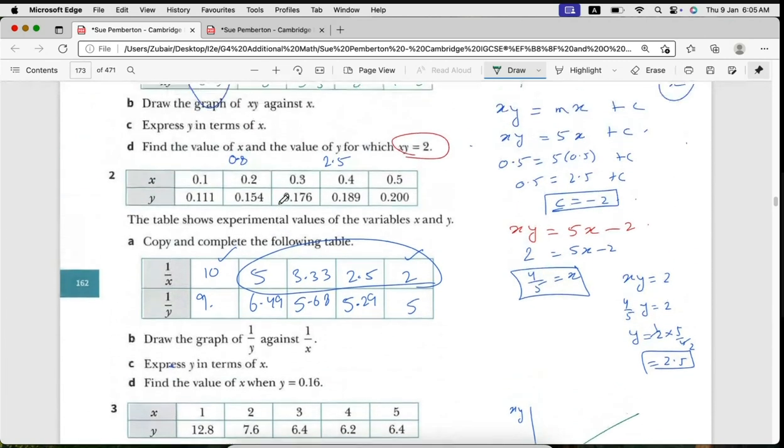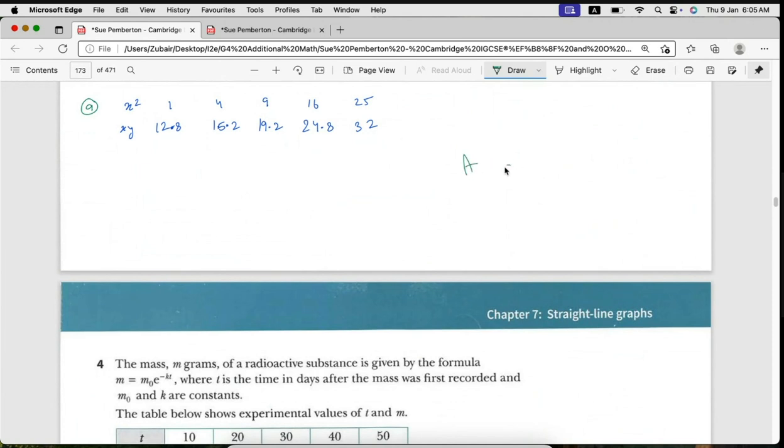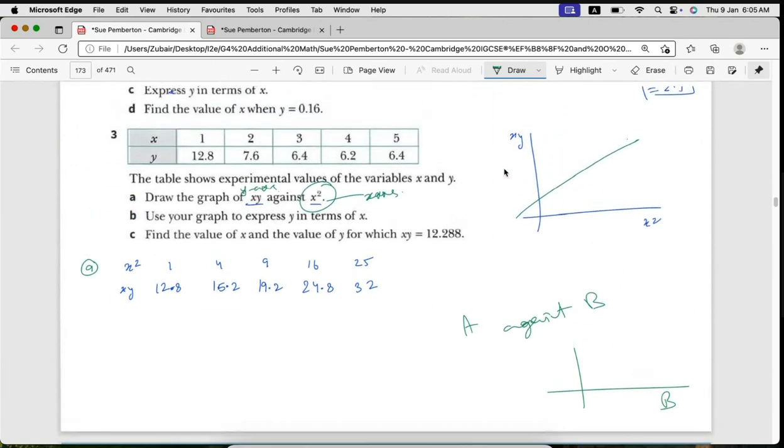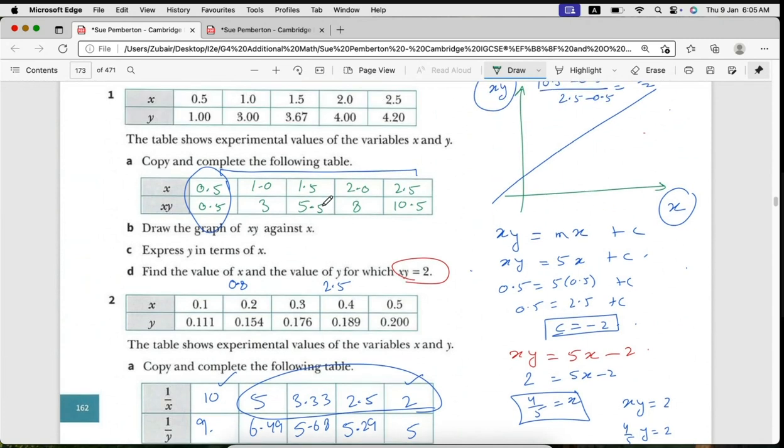This is the wording. Whenever you say draw A against B, B is on the x-axis. See, question 1 says draw xy against x. So xy was on y, against x, this is x-axis.